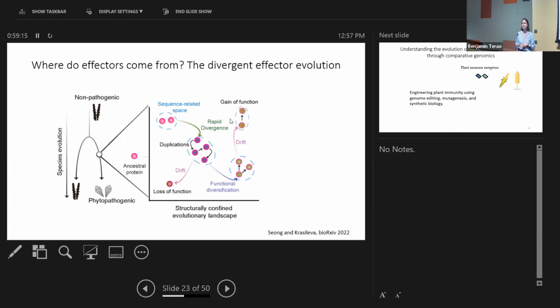Yeah, so then the question is, if you use the same approach, you must know that in the host, if you look at their genomes, they must have proteins with a similar fold, like this RNase-like domain. So what are those proteins? Effectors to some extent, or what makes them not functional as effectors?